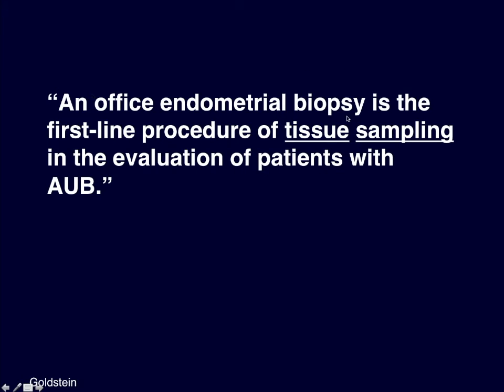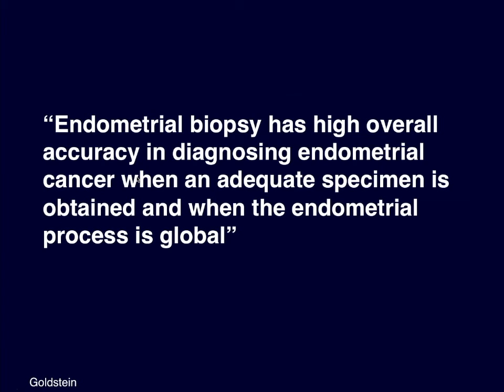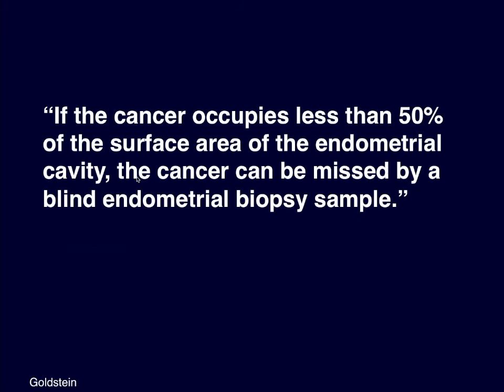It does say that an office endometrial biopsy is the first-line procedure of tissue sampling in the evaluation of patients with abnormal uterine bleeding. Endometrial biopsy has high overall accuracy in diagnosing endometrial cancer, but look at this. When an adequate specimen is obtained and when the endometrial process is global.